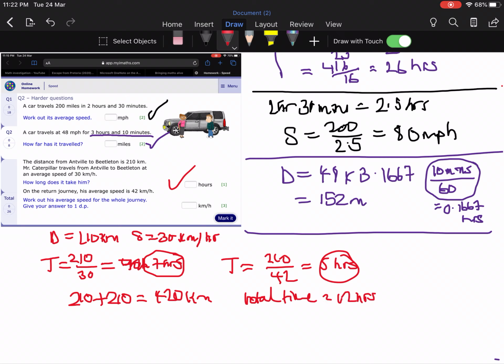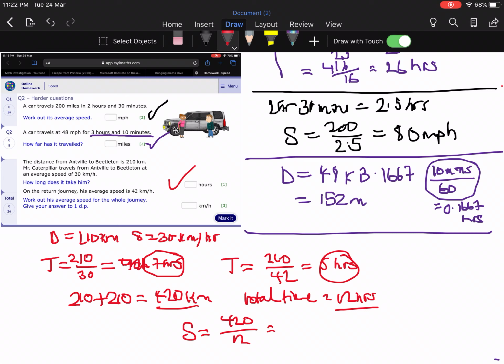So I've got my total distance, I've got my total time, so the average speed is going to be distance divided by time. Which, if I half it, is going to be 210 divided by 6, which is 105 divided by 3.